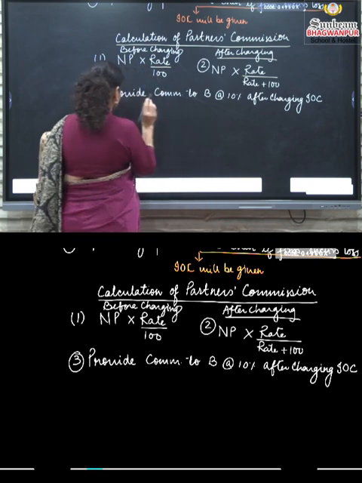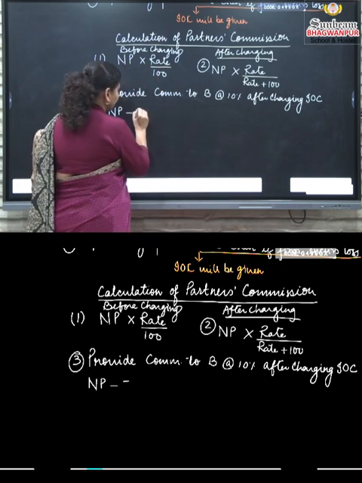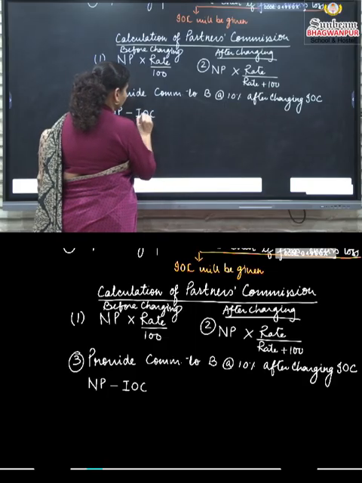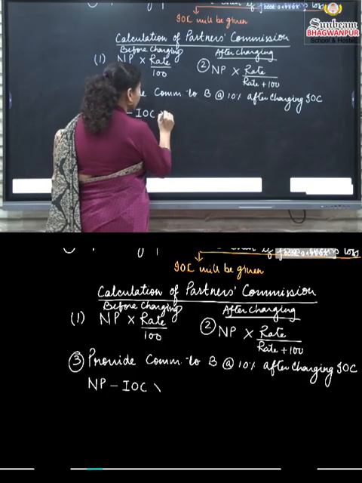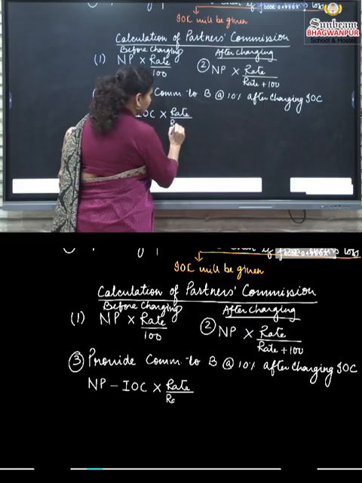Now our formula will become net profit minus interest on capital of both partners, and then into rate upon rate plus 100.